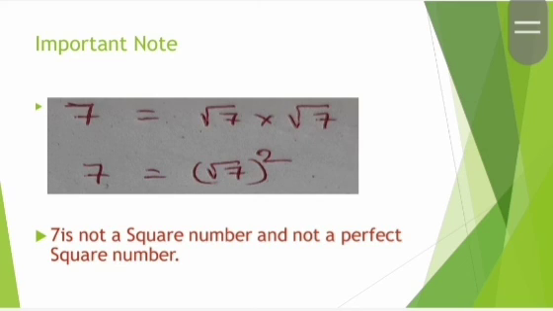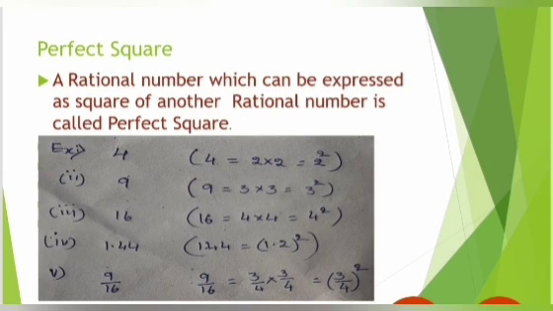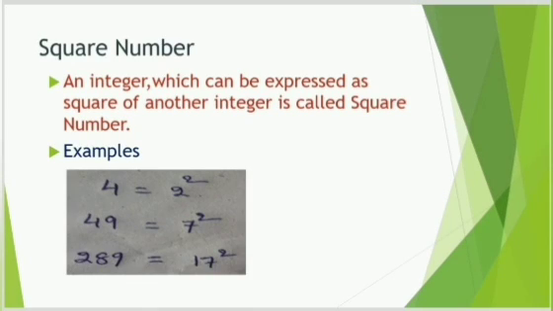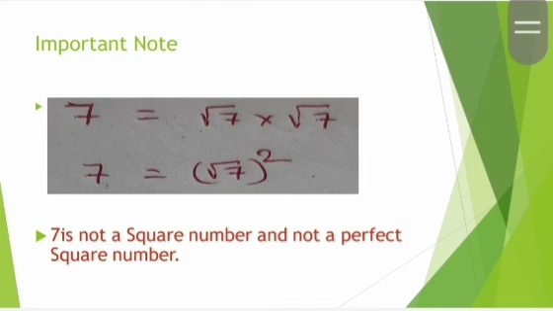Since the definition of perfect square is a rational number and square number is an integer, root 7 is not a rational number and not an integer.